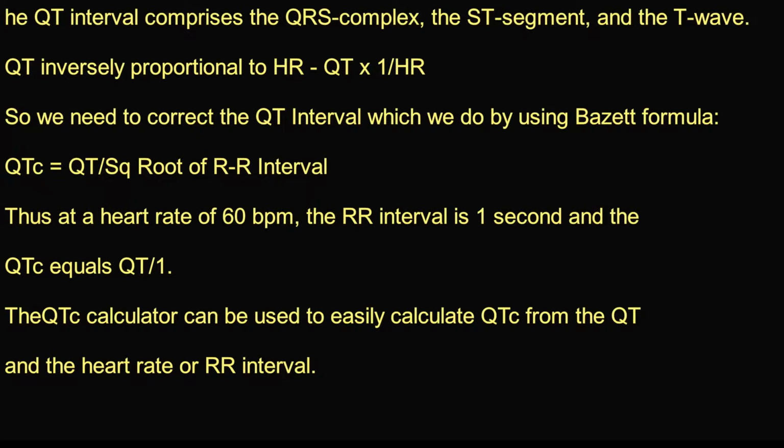So at a heart rate of 60 beats per minute, the RR interval is 1 second and the QTc is QT by 1, and that is the corrected QT. You can use QTc calculators to calculate it. And there are various conditions in which the QT interval can be prolonged or shortened. In hypocalcemia, in quinidine toxicity, and in various other disease conditions, the QT can be prolonged.